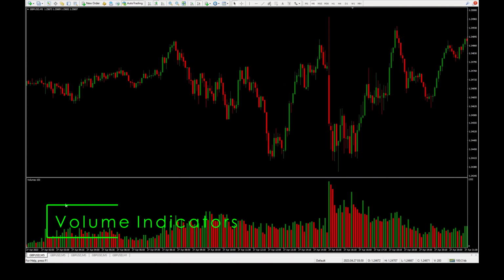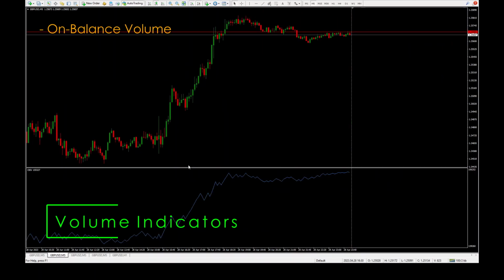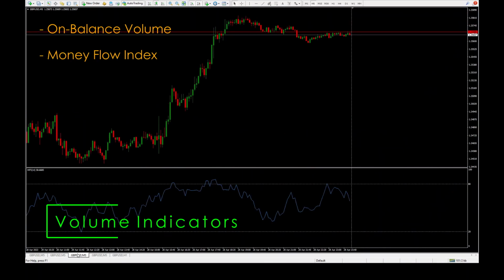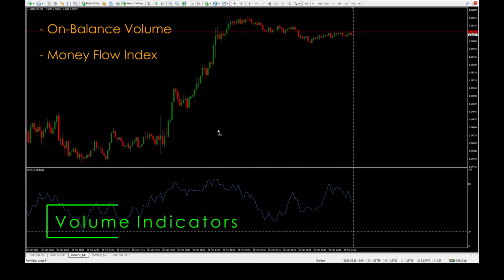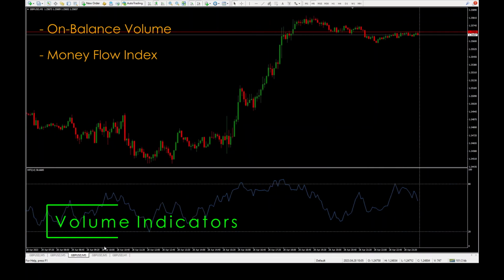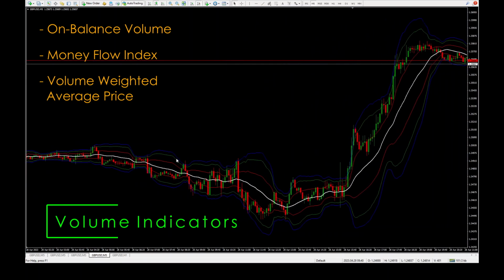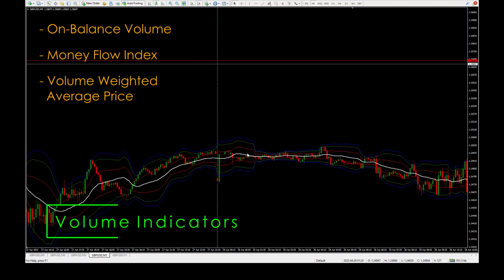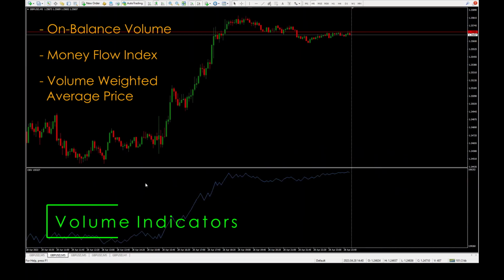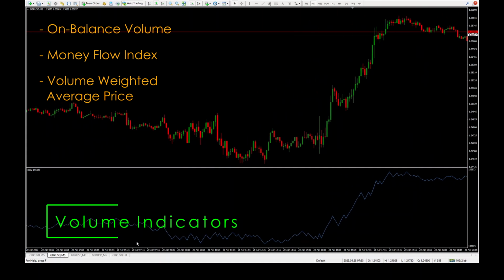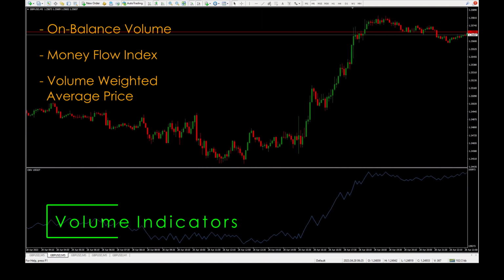Some popular examples of volume indicators include the on-balance volume, OBV, Chaikin money flow, CMF, and volume weighted average price, VWAP. The OBV measures the buying and selling pressure of a security based on its trading volume, and can be used to confirm trends or identify potential trend reversals.